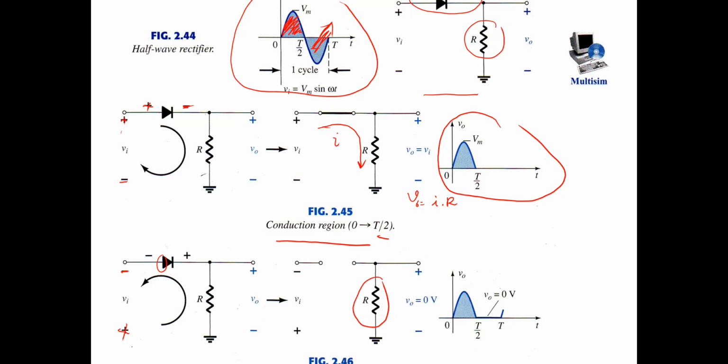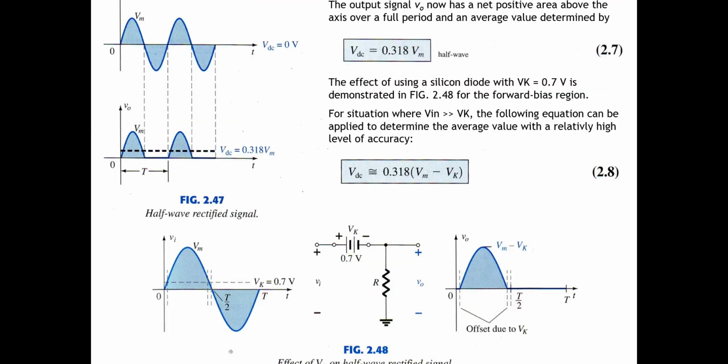So in the negative cycle there is no output voltage. We get output voltage only in the positive cycle, so from this input voltage, we get the output voltage like this.